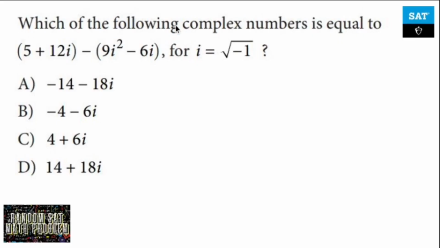Which of the following complex numbers is equal to 5 plus 12i, inside parentheses, minus 9i squared minus 6i? This is what I'm going to do first. There's a little rule that i is always going to be i, but if you square an i, it becomes negative 1.